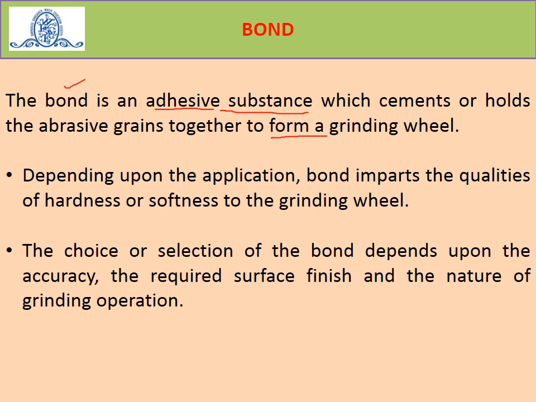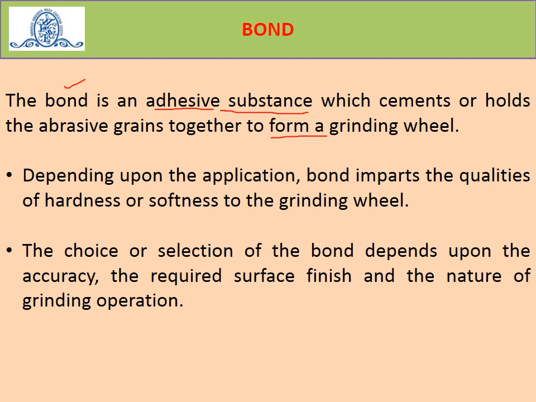Depending upon the application, the bond imparts the qualities of hardness or softness to the grinding wheel. According to the bond quality, we designate the grinding wheel as hard or soft.